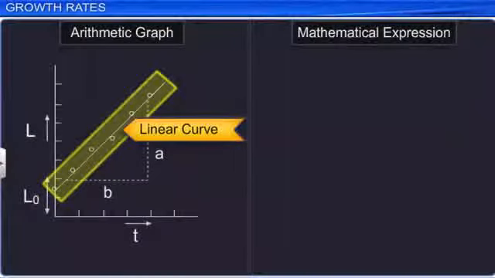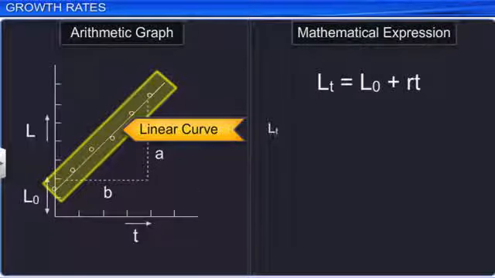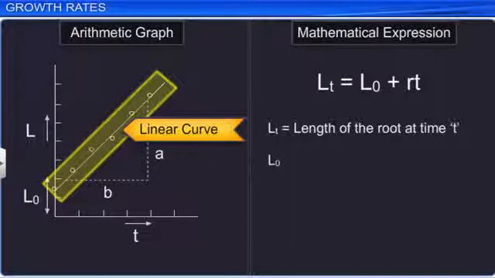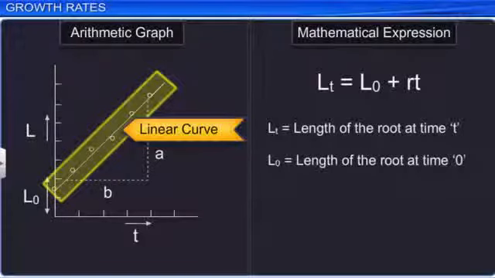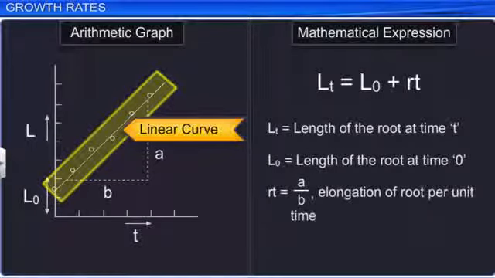Arithmetic growth can be expressed mathematically as LT equals L0 plus RT, where LT equals length of the root at time t, L0 equals length of the root at time 0, and RT equals A upon B, which is elongation of the root per unit time or growth rate.